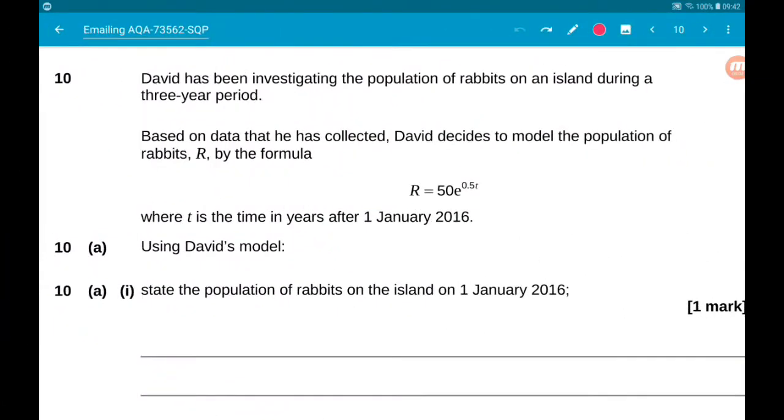Okay, question 10, we have some exponential modelling. David has been investigating the population of rabbits on an island during a 3-year period.